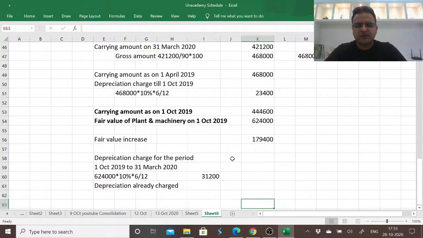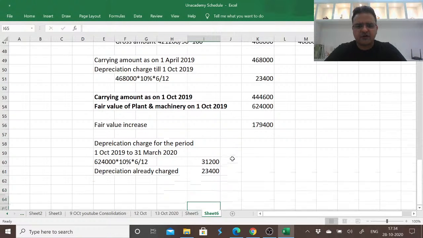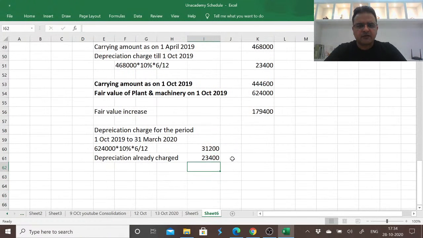So the depreciation charge for the remaining period is the difference, 31,200 minus 23,400, that is 7,800.